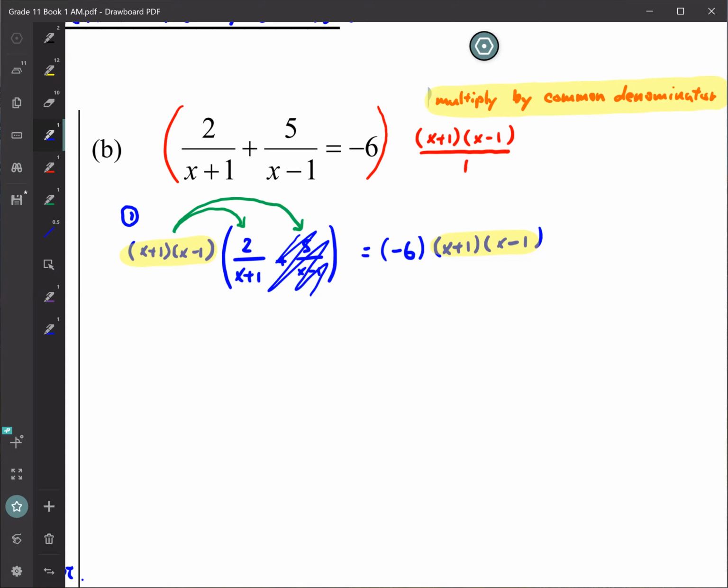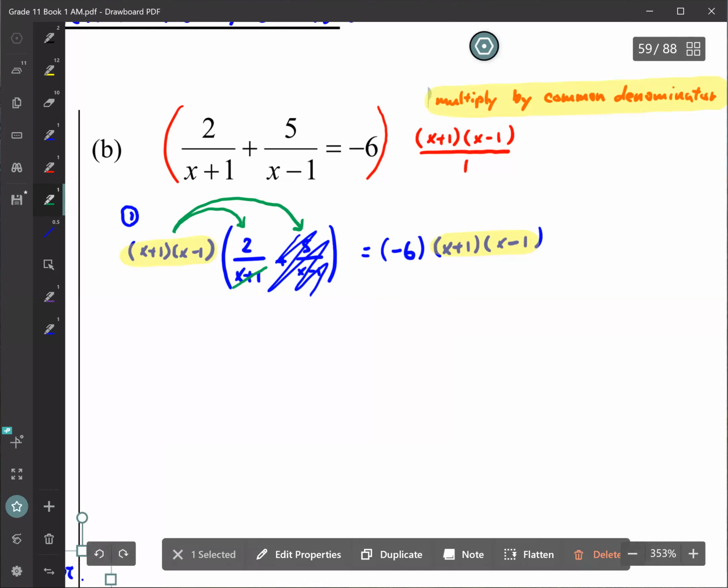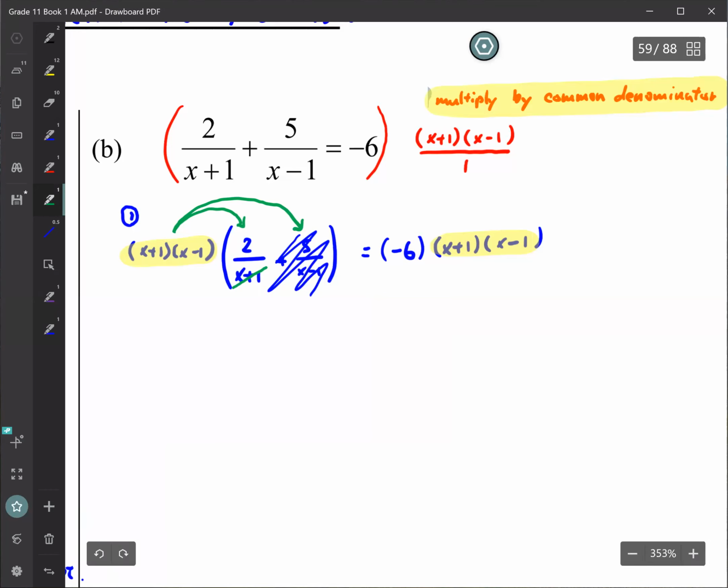If I just multiply with the first fraction, then x plus 1 will cancel out with the x plus 1. So that will give us only the x minus 1 left. So let me erase that first. When we multiply the first one, you'll have 2 times x minus 1.